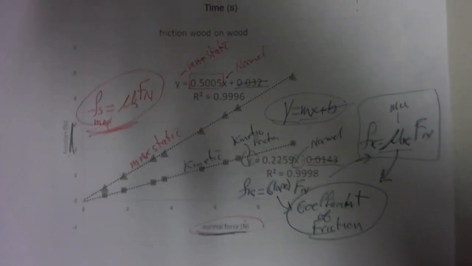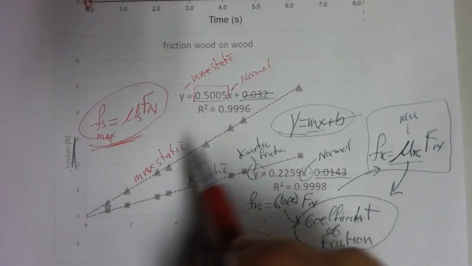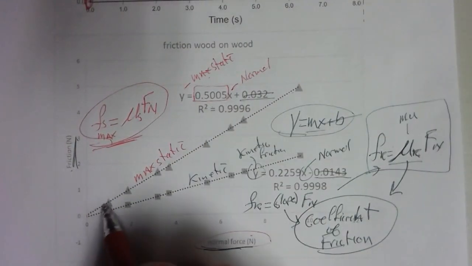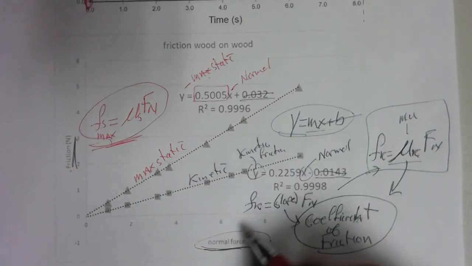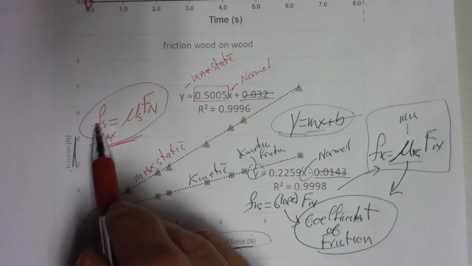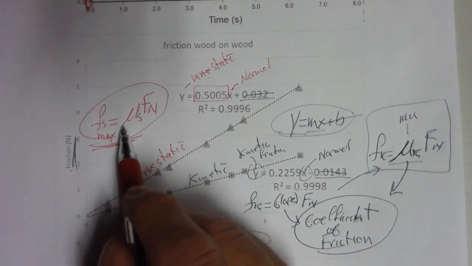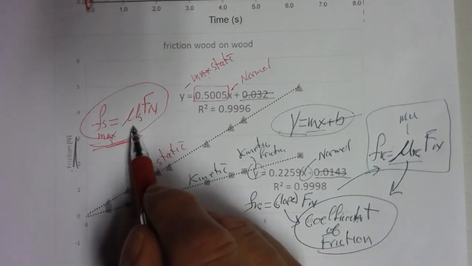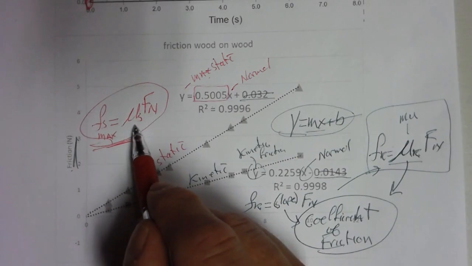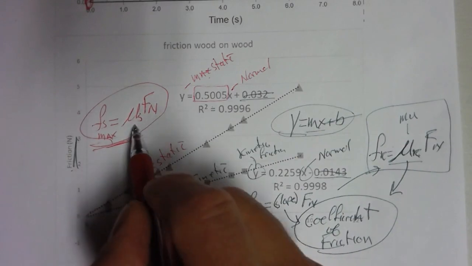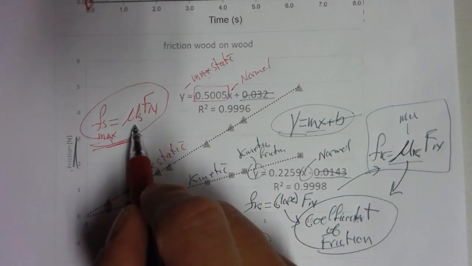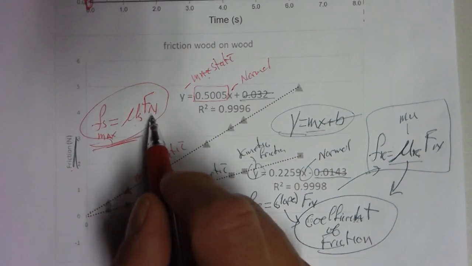So, big result of this experiment, again, we've got a nice linear trend relating the static friction to the normal force. It gives us this equation: the maximum static friction is equal to this value called the coefficient of friction, that is specific to materials that are in contact, multiplied by the normal force.